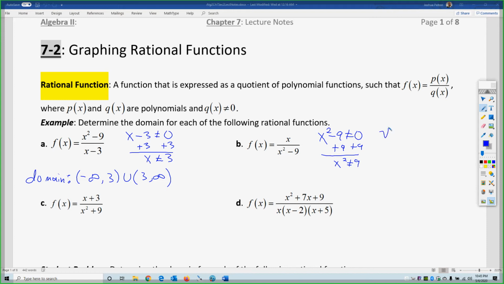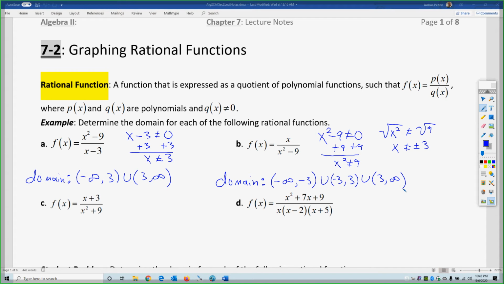If I square root both sides, x cannot be plus or minus 3. Remember, it's an even root, so I have two possible values that I can't be, but I can be all other real values. So my domain, again, least to greatest, is negative infinity to negative 3, union negative 3 to 3, union 3 to infinity. So essentially there's two gaps in the domain.